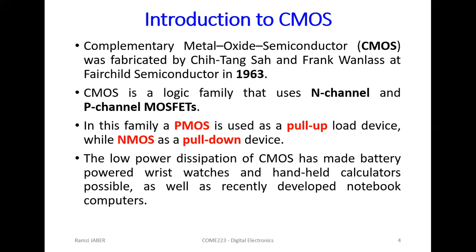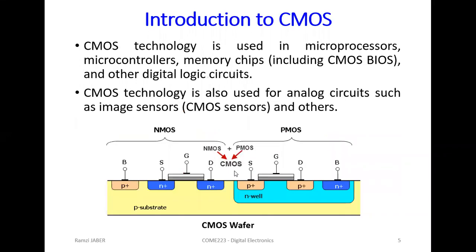They use CMOS because it has low power dissipation. CMOS technology is used in, of course, microprocessors, microcontrollers, and memory chips, including the CMOS BIOS inside the motherboard, and other digital logic circuits. It's also used for analog circuits, such as image sensors, CMOS sensors, and others.